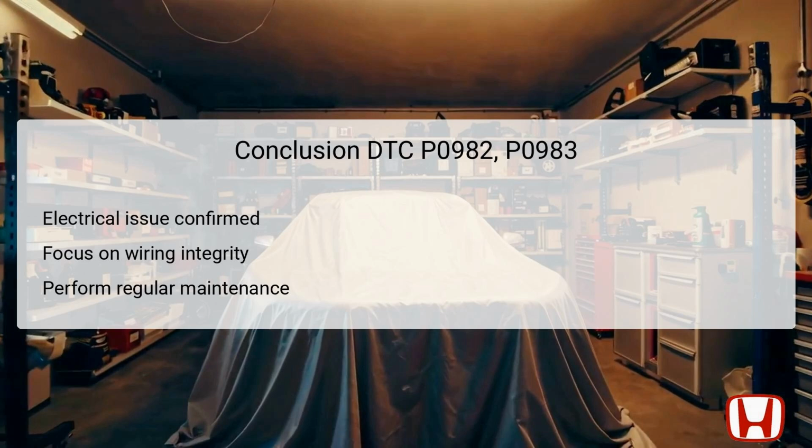Comprehensive checks for continuity, shorts, and correct functionality of related components are vital to resolving these issues effectively. Additionally, implementing preventive maintenance practices can significantly reduce the likelihood of these trouble codes reappearing in the future. By understanding the symptoms, causes, and methods for troubleshooting, Honda Pilot owners can ensure their vehicle maintains optimal transmission performance and reliability.